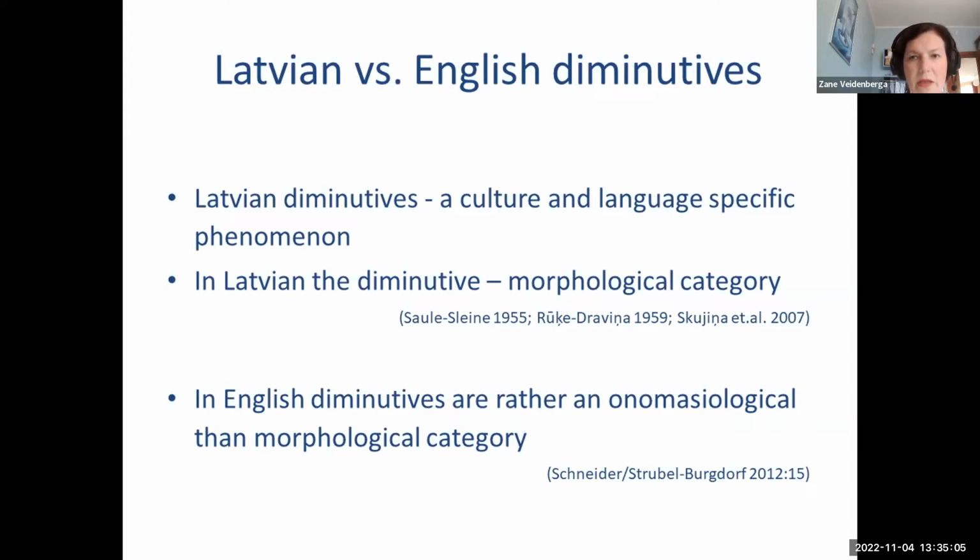We form diminutives with the use of suffixes, while in English, diminutives are rather an onomasiological than a morphological category. And when novice translators translate a Latvian text, they look at it and think, okay, there is a diminutive used in the source text. In English, they don't use so many diminutives.